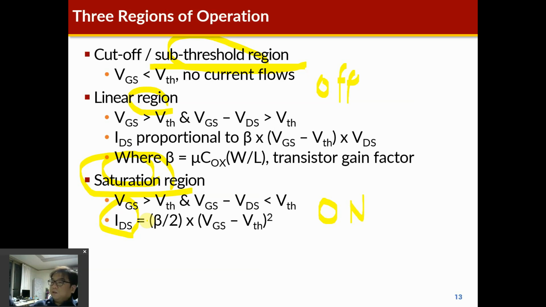So the charge can be charged on the capacitance of the MOS transistor circuit, or charge can be dissipated to the ground. In the saturated region, current flows, that means the on case, and charge can be filled or charge can be discharged.